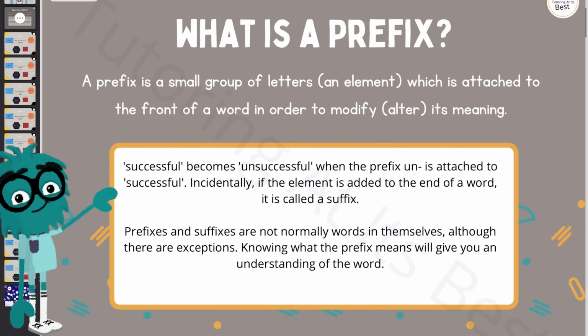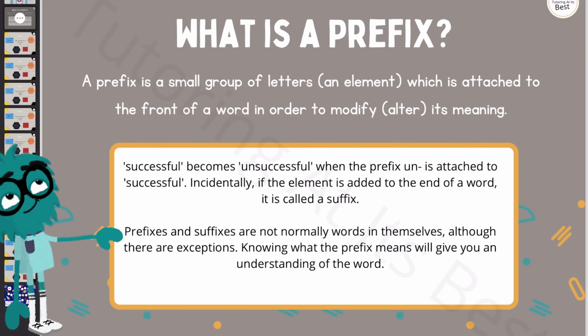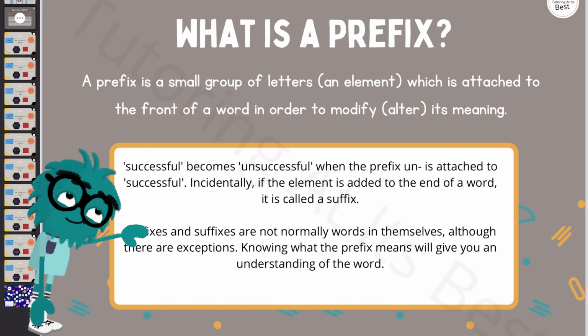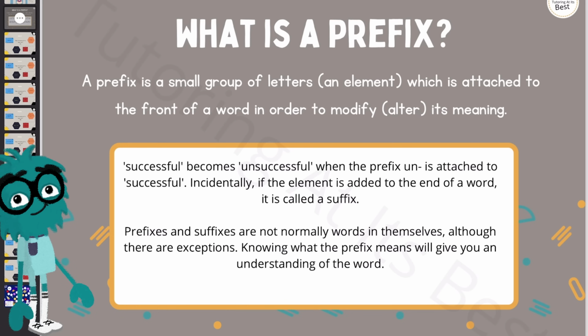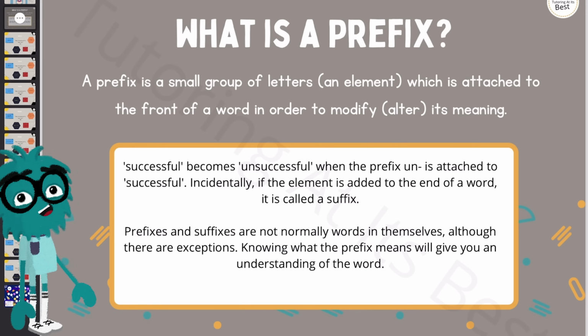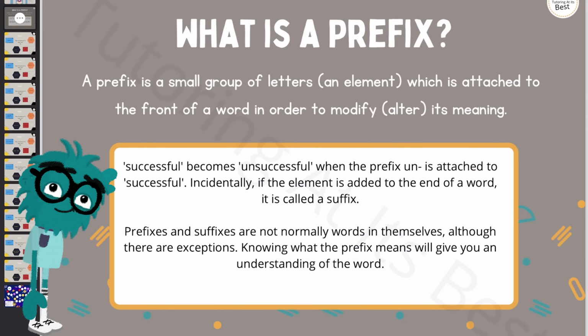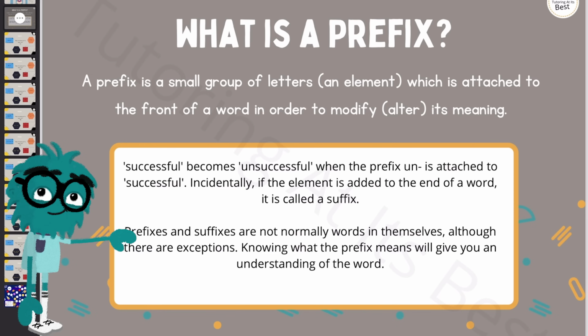So what is a prefix? Well, it's a small group of letters which is attached to the front of a word in order to modify or even change its meaning. And we also have one video that looks at suffixes, and we'll come to that in a moment. For example, successful becomes unsuccessful when the prefix un is attached to successful.